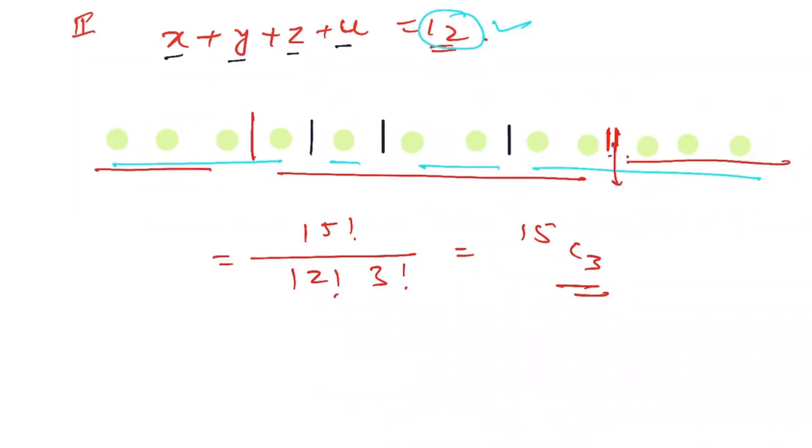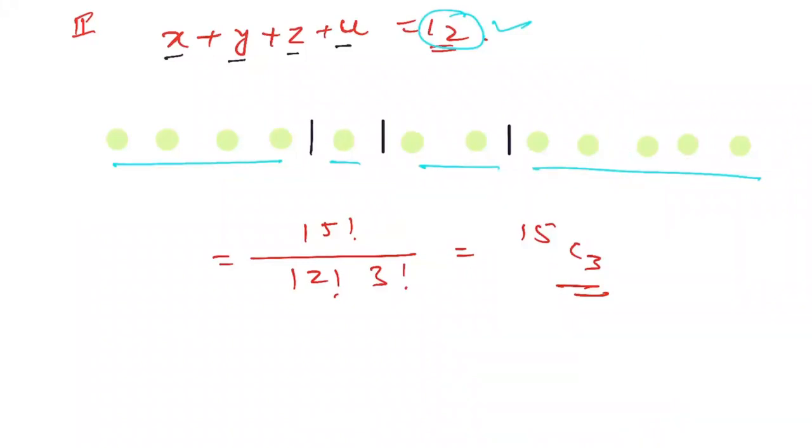This 3 I'm saying, okay, that contains 0, right? If 2 separators are side by side, then this contains 0, nothing is there. So that's always included in this case, right? So the total number of arrangements in this case will be 15C3.